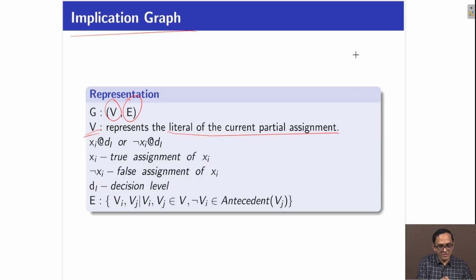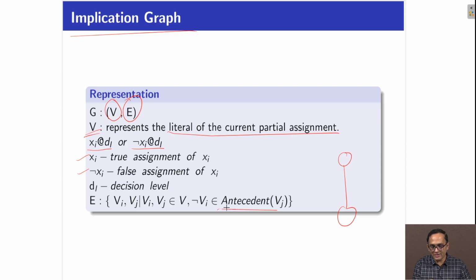So, I will either write xi at the rate DL or not xi at the rate DL, where DL is the decision level. If the value is true, I will write xi. If the value of xi is false, I will write not of xi. This is what I have written here. The edges come whenever I take a BCP from this node to this decision automatically.